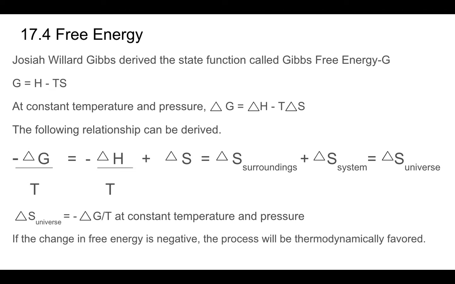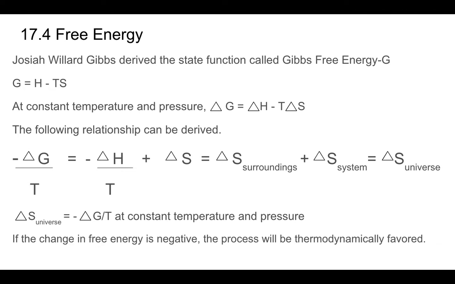So Josiah Willard Gibbs, famous for the Gibbs free energy state function, derived this function in order to only focus on the system and to determine, just based on the properties of the system, whether or not a process change in that system would be favorable or not. And so he is famous for this Gibbs free energy function.